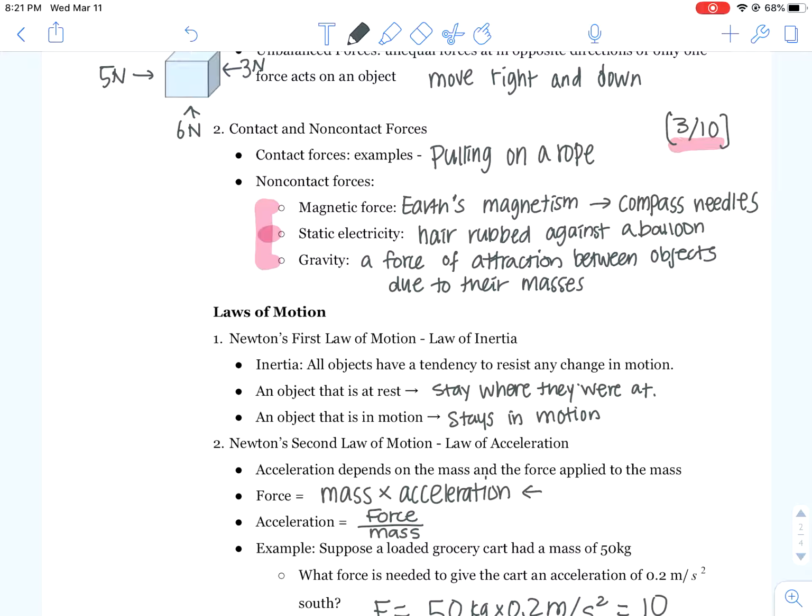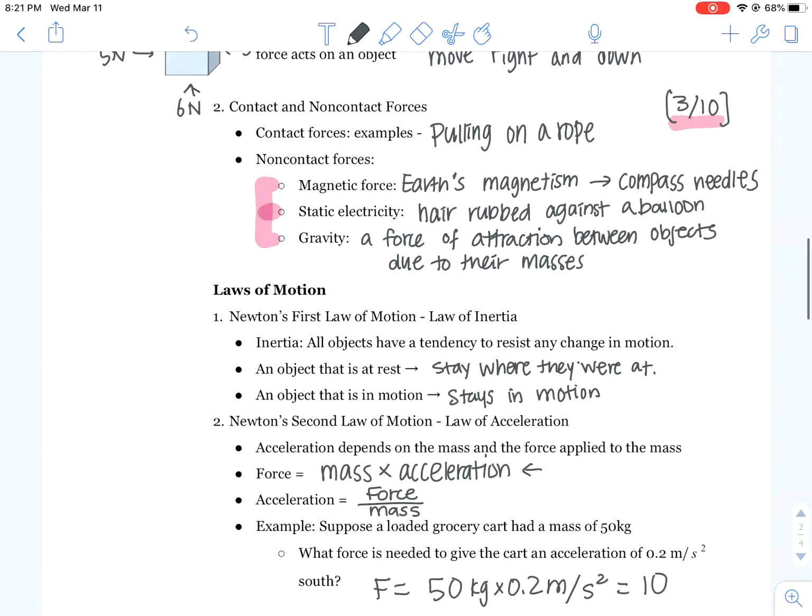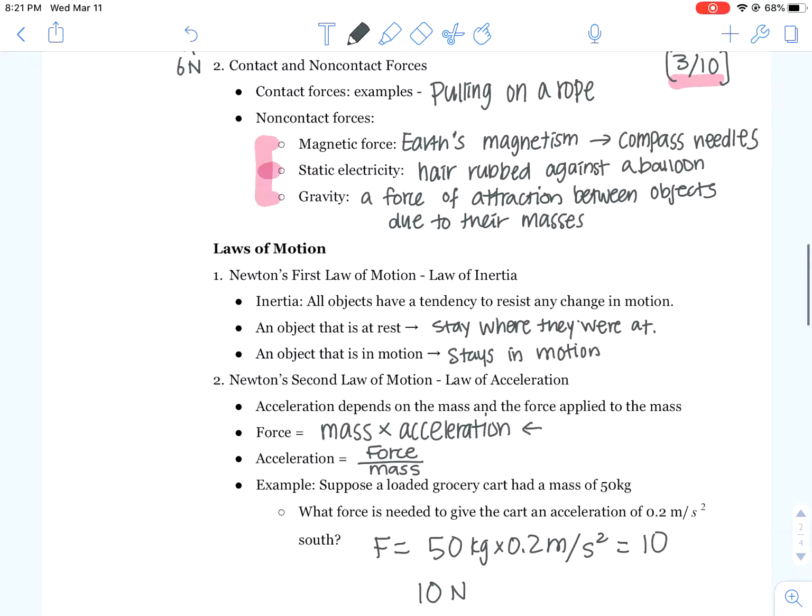So let's say I'm pushing something in a south direction, and I need to find out the force. How much of it would I need? So first thing, I have the force, and I have to have the mass, which is going to be 50 kilograms in this case.